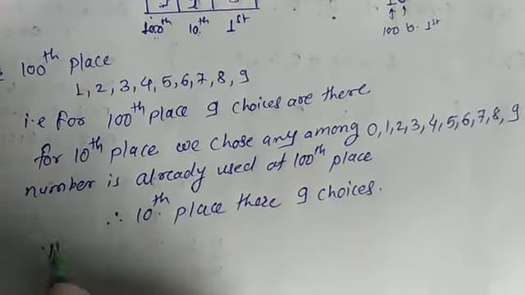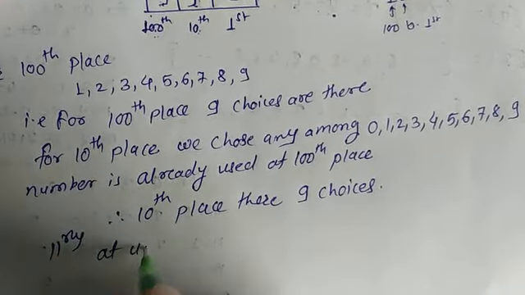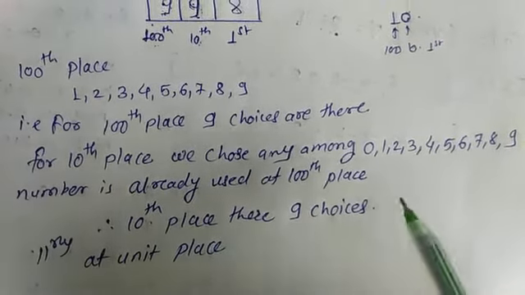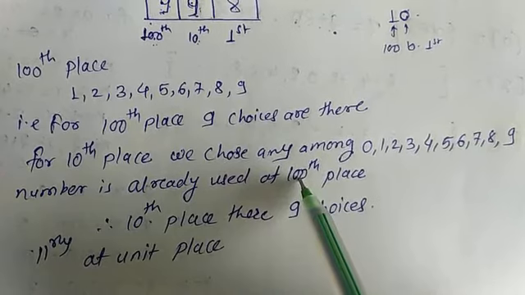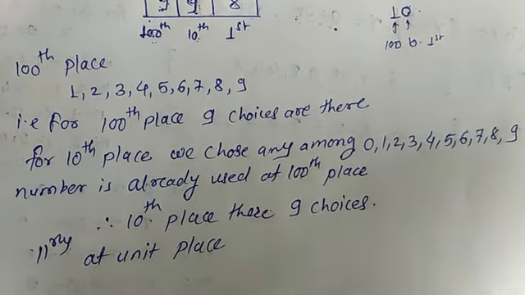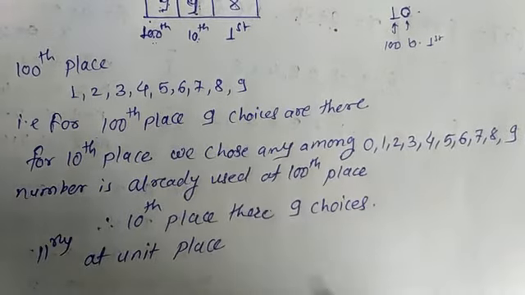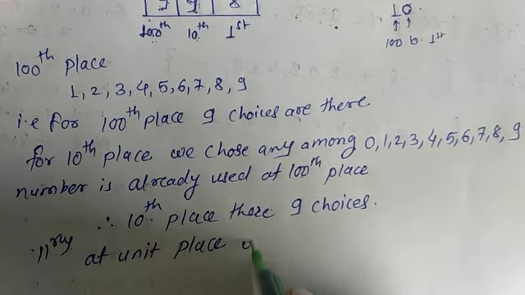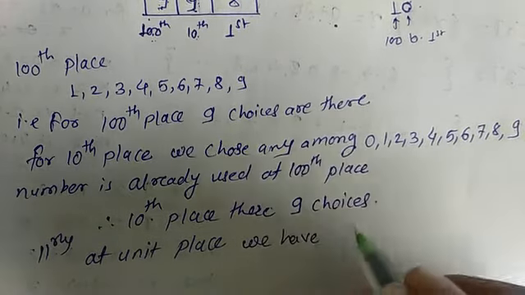Similarly, at the unit place, because we are considering one number at the 100 place and one number at the 10th place, 2 numbers are deleted from 0 to 9. That means there are 8 possibilities, so at the unit place we have 8 choices.